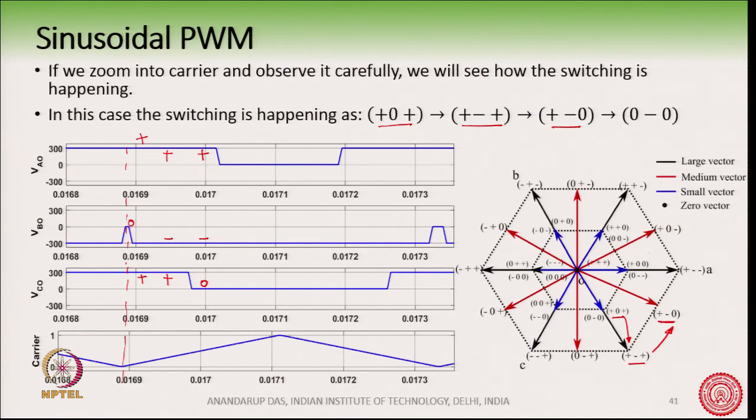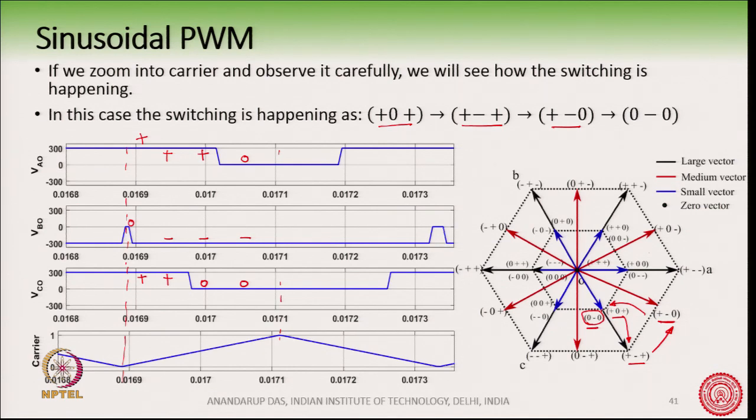And then subsequently at the end of this carrier there is a transition here and we will say that this is 0 minus 0. So, we come to 0 minus 0, that is the other complementary state. So, in this sinusoidal PWM also we have a centering over this vector plus 0 plus.